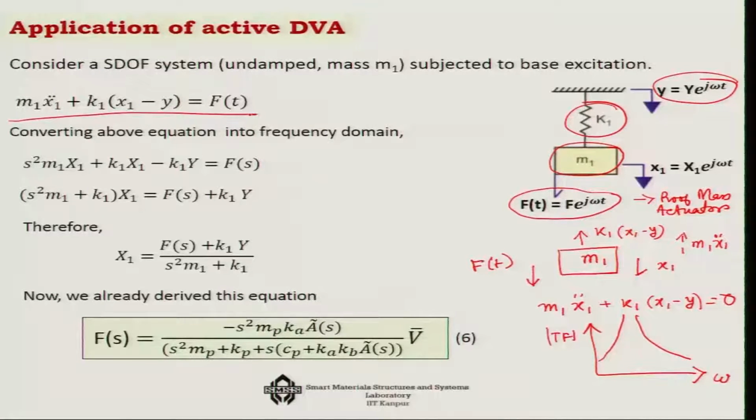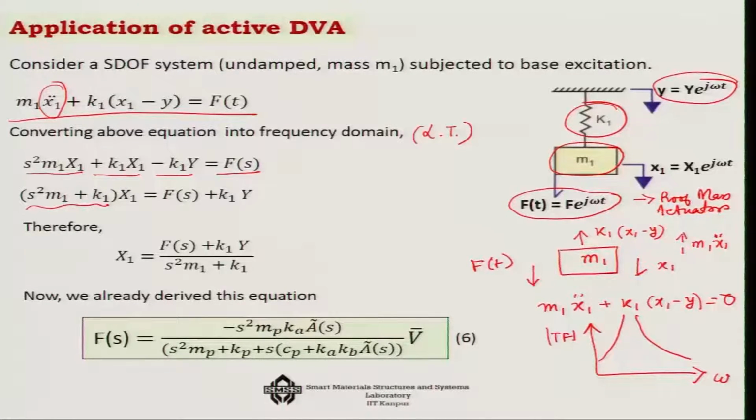Now, this equation, let us quickly convert it into the frequency domain using Laplace transformation. So, I am going to get s square m1 x1, that is from the x1 double dot, plus k1 x1 minus k1 y equals F(s). I can take all these x1 related terms to one side.